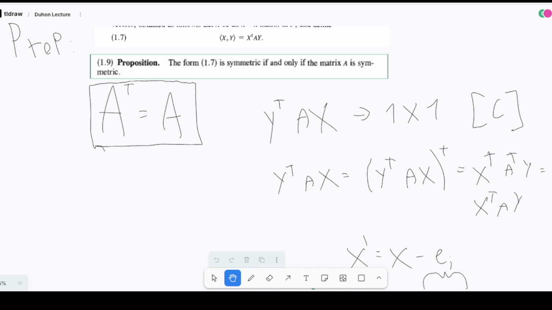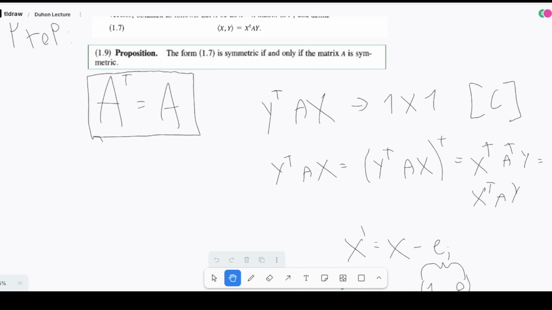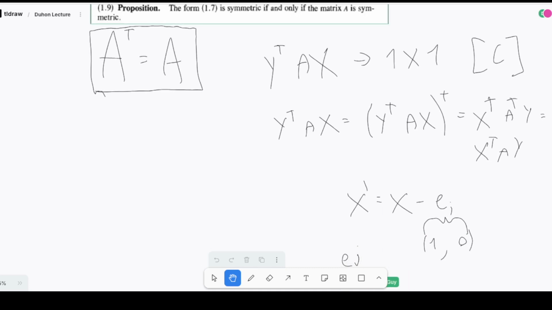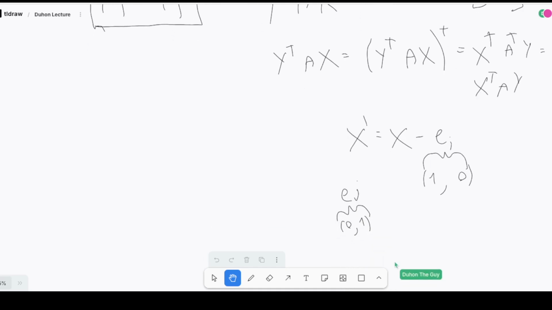I don't remember what it is. What is e_i again? This is going to be (1, 0), and e_j, I think that's correct, is going to be (0, 1). It's probably mentioned somewhere up there, but I just can't find it.